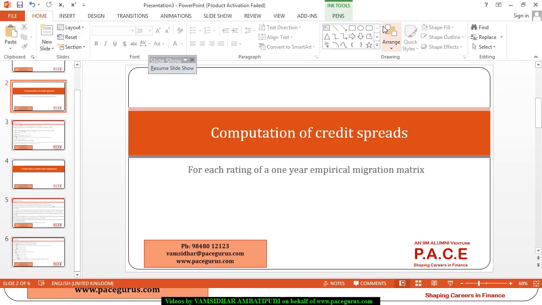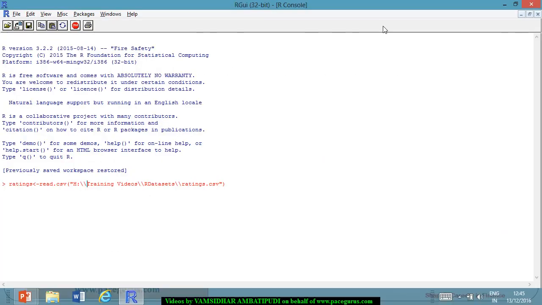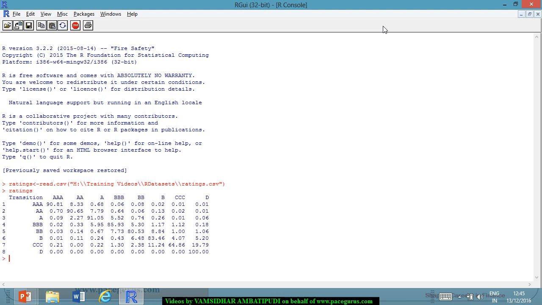If I have to look at the transition matrix, let me bring that into R. It's there as a part of my ratings.csv file. I'm bringing that into R. If I simply look at it, it is something like this. You see here, these are the current states. So the current state is AAA. Now, what is the probability that at the end of the year, it will still remain in AAA?